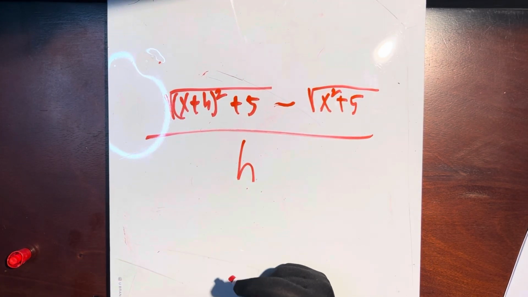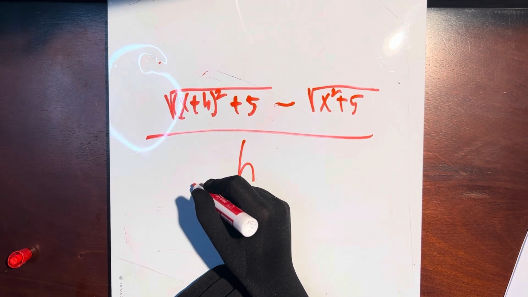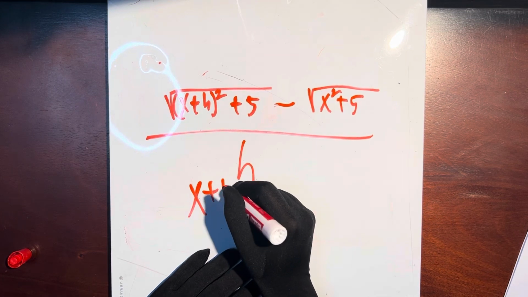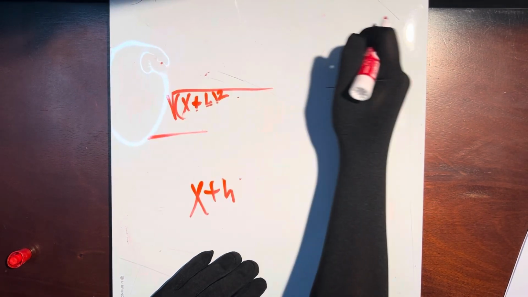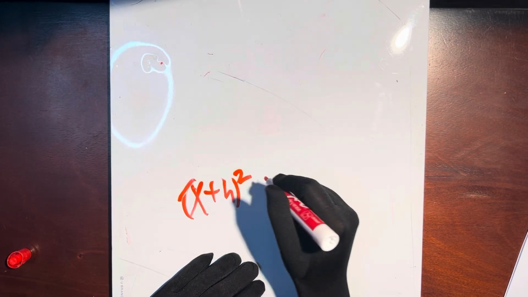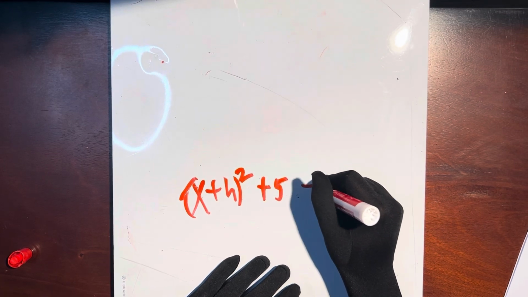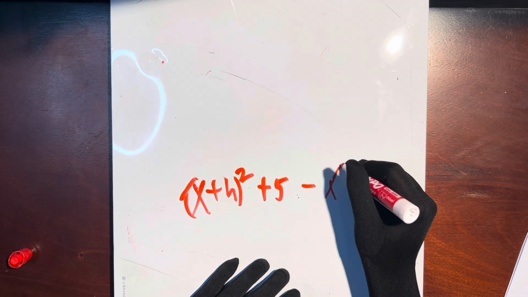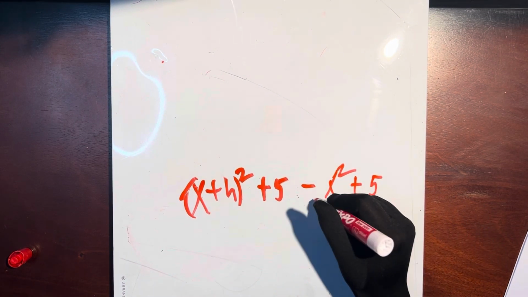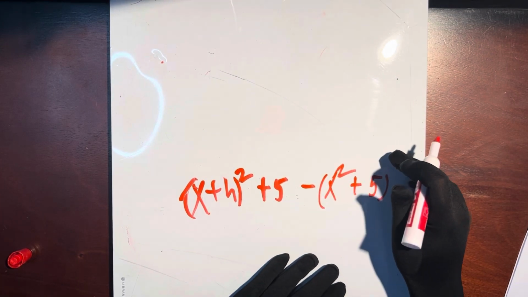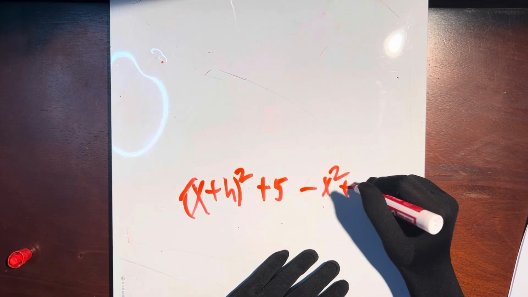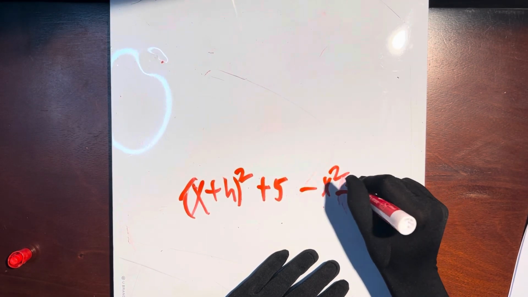We'll get this guy. A lot of things would cross out, but you would get (x plus h) squared, still in parentheses, don't forget that, plus 5 minus x squared plus 5. Now you would multiply the negative to both of them and get negative x squared minus 5, which would cross out both 5s.